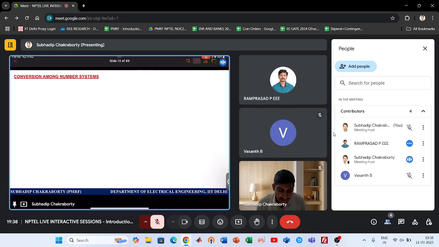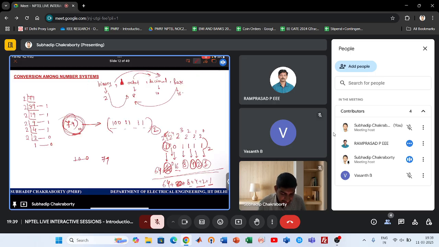And similarly, if you want to go from 79, now you already know the binary form, right? Once you know it, you can go back to any other forms, because now you have the base of 2 and other bases are actually multiples of this base. Otherwise, if you want to go from 79 base 10 to something base 8, you can start dividing by 8.